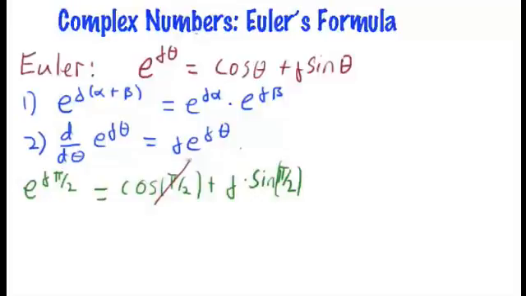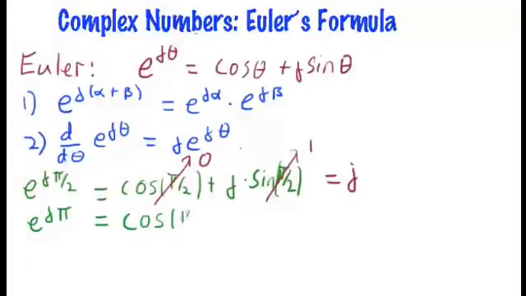Well, cosine of pi over 2 is 0, sine of pi over 2 is 1, so this simply equals j. Next formula, e to the j pi equals, we'll plug this in, cosine of pi plus j sine of pi. Now, cosine of pi is minus 1, sine of pi is 0, so we just get minus 1.